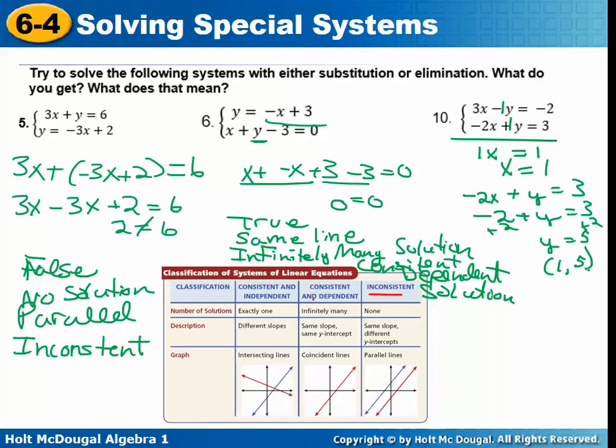X is 1, y is 5. That means that I have intersecting lines. I have one solution, and they are called consistent and independent.